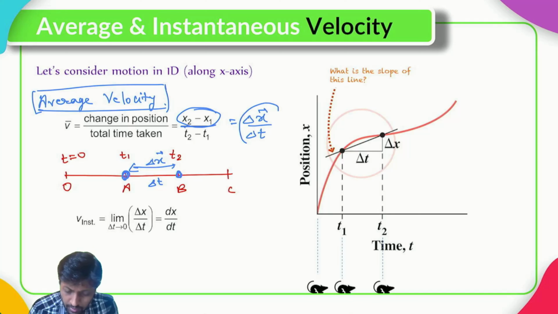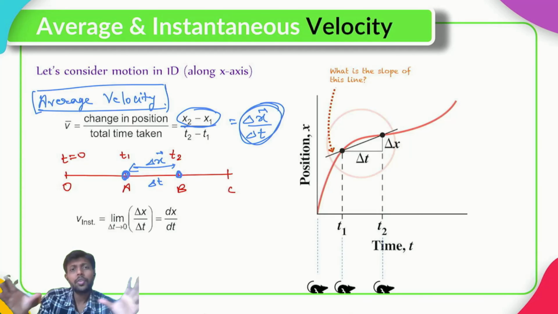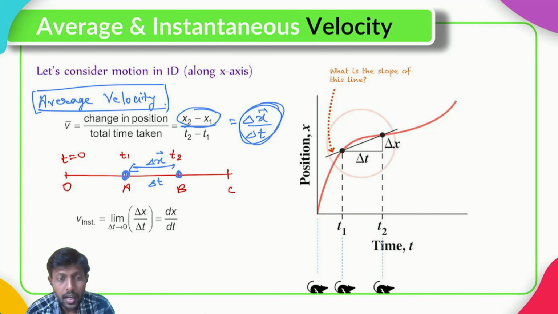Yet, this gives you a fixed value. So what is it talking about? It is talking about the average velocity. Meaning, if you traveled at a constant velocity, you would take the same amount of time to reach your school. It's not telling you that you traveled with a constant velocity for the entire journey. It's just giving you an equivalent value of velocity, which would have helped you reach the school in the same amount of time.